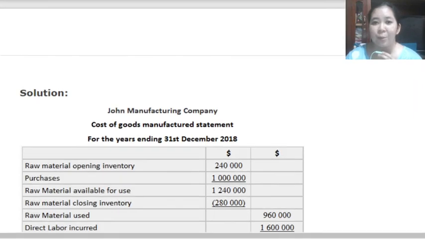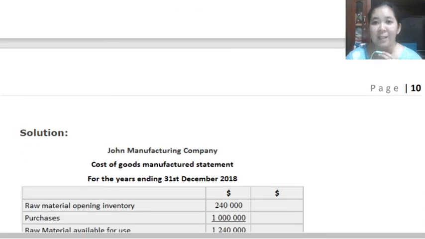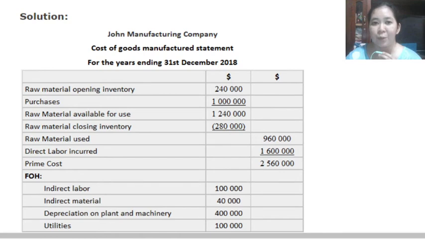So to prepare our cost of goods manufactured statement using the data provided, we have here the solution. We have the heading from our data, and we will use it in computing the cost of goods manufactured.